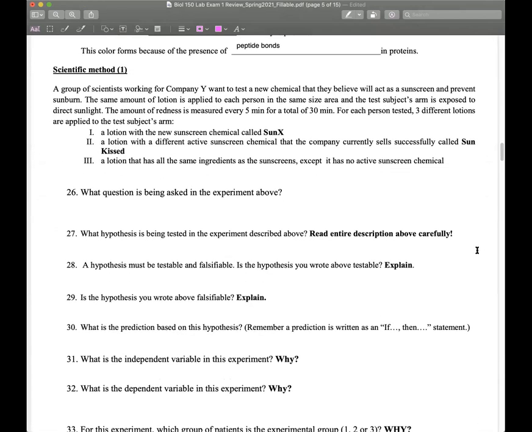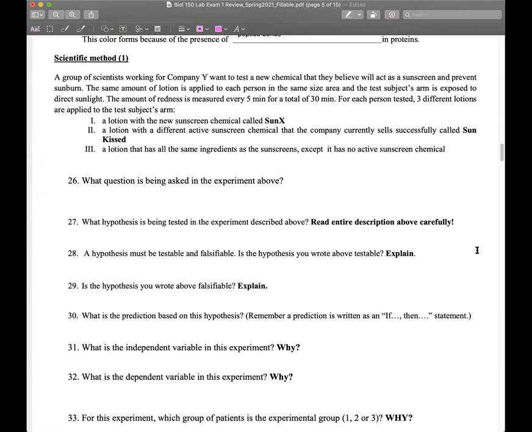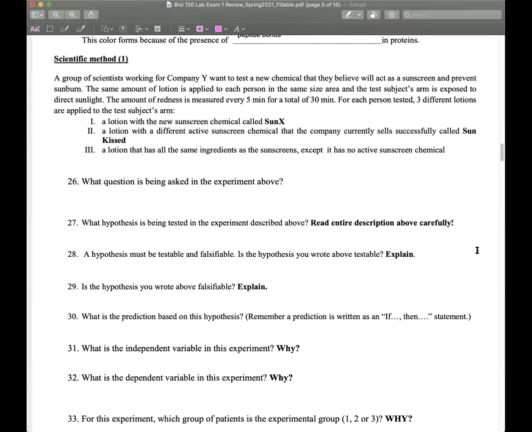All right, so you will have some questions on your lab exam related to the scientific method, where it'll explain a fictitious experiment and then ask you to develop a hypothesis or to identify variables. So you do want to be pretty comfortable with this kind of activity.